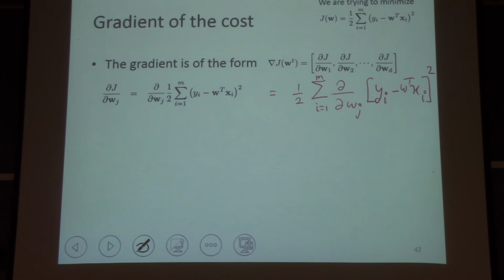The derivative of the sum is the sum of the derivative. No shock. Or you guys are very quiet, so utter shock. Now we have a function that's a square, so it is half times 2 times the derivative of that inner thing.